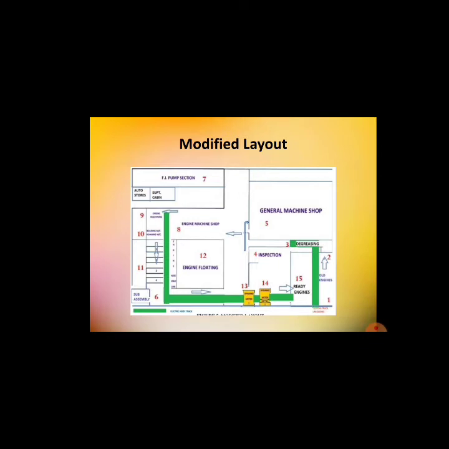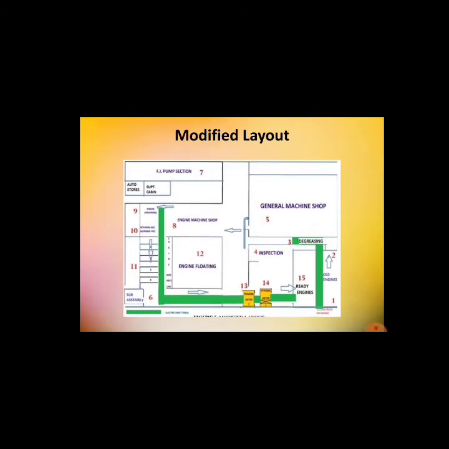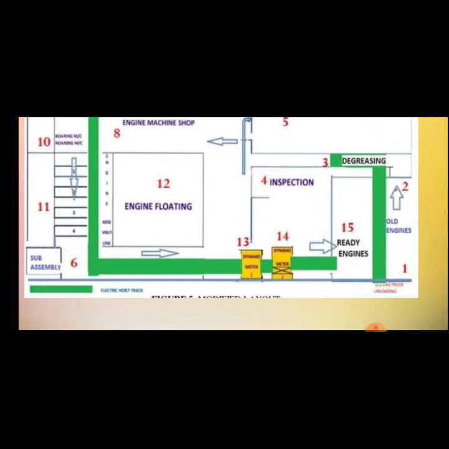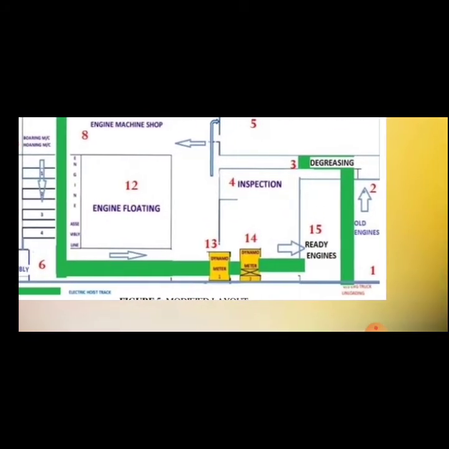The sixth sub assembly, which was near the 7, is brought down, and the two dynamometers which were placed one after another are placed beside each other. The place for inspection is increased so that two buses can come at a time and more buses can be inspected at a time.